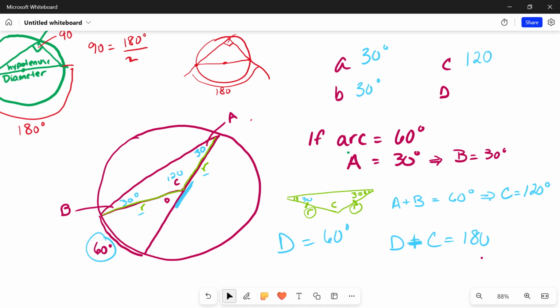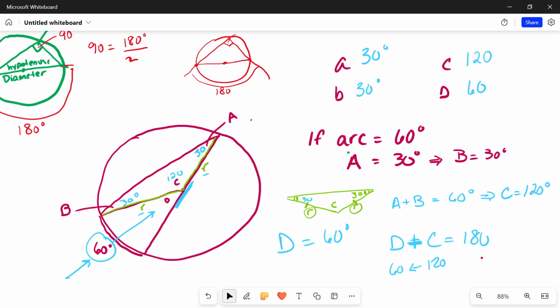Therefore, D plus C has to equal 180, and we know that C is 120, therefore D has to be 60. Or we could look at the idea that D is 60 because of that arc. If D is 60, C has to be 120 because D plus C have to equal 180 degrees.